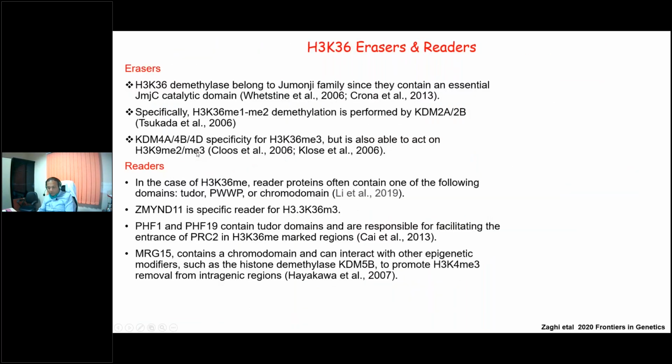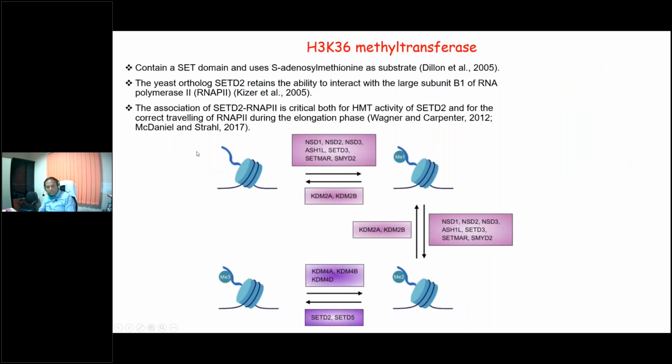The third one that we are going to discuss here is H3K36 methylation. This is again an activation mark, and there are several enzymes that mediate this mark: NSD1, NSD2, as well as ASH1L, SETD3, SETMAR, SMYD2, etc. These enzymes can make the monomethyl on H3K36, and KDM2A and 2B can remove this methylation mark.